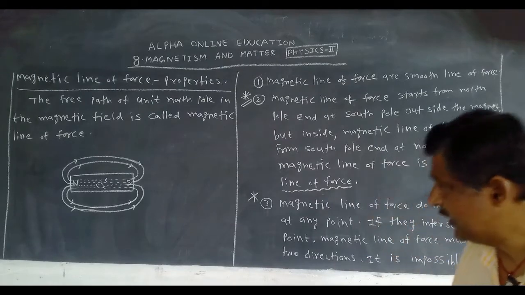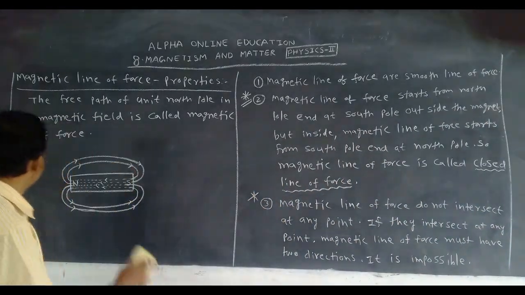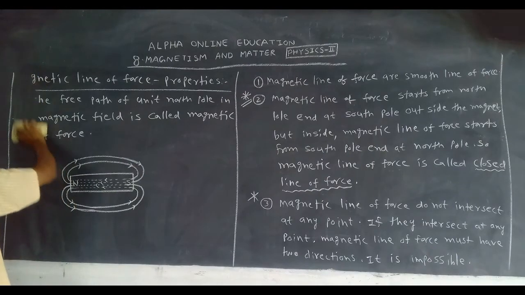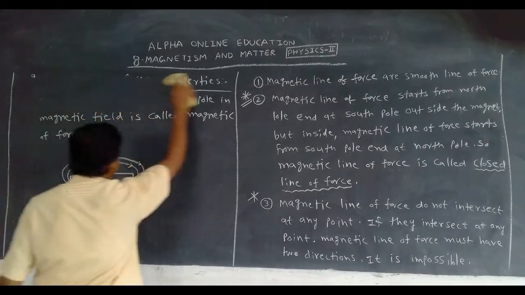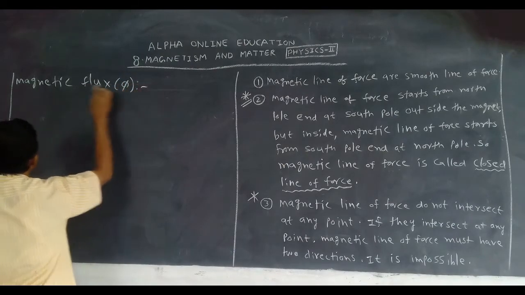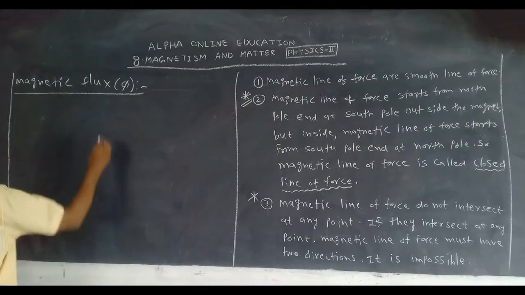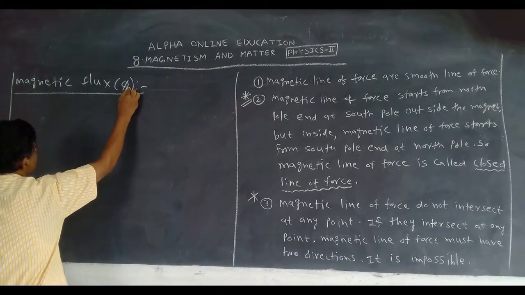Next, I would like to continue one more small topic in the same class. Now let us see flux, phi. Now what is a magnetic flux? Phi B, we can write B or phi.